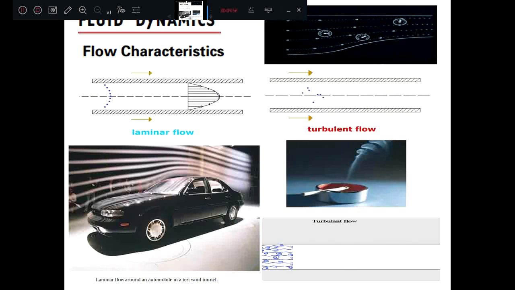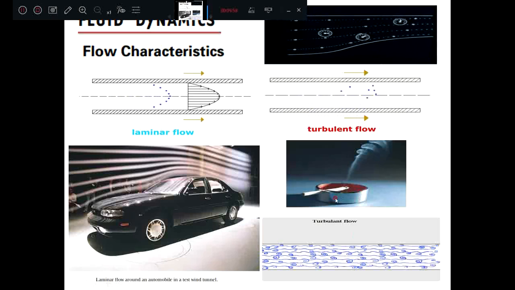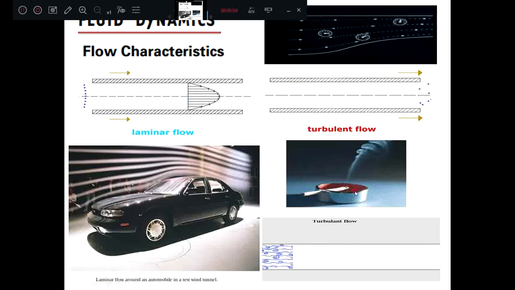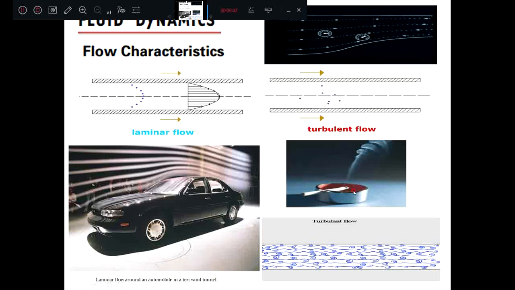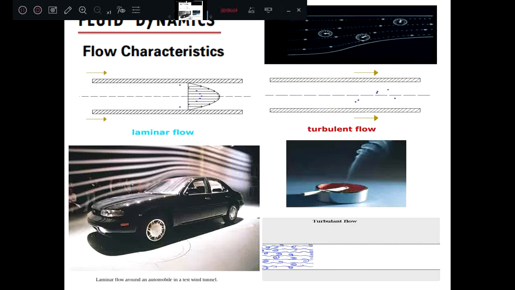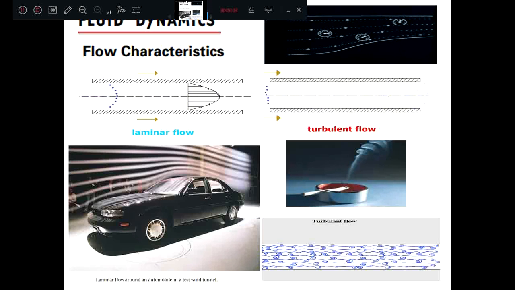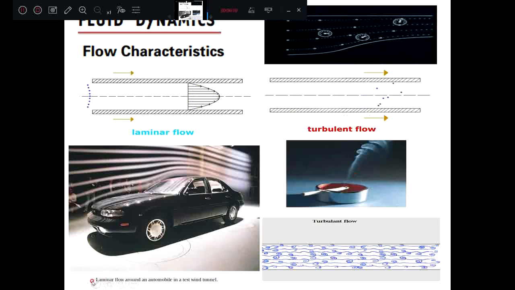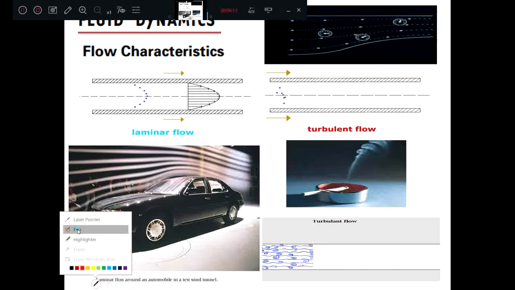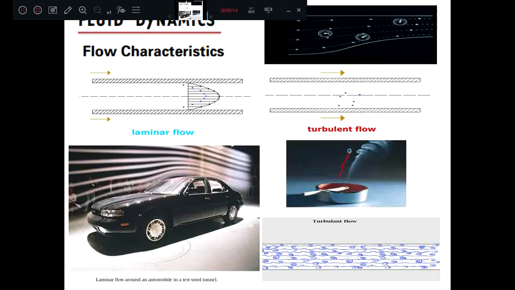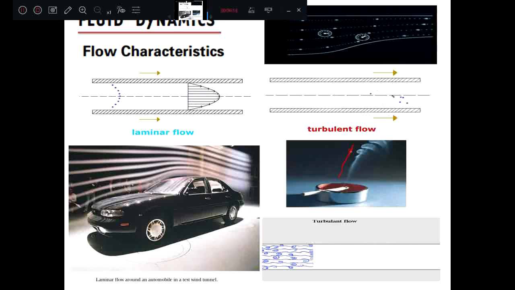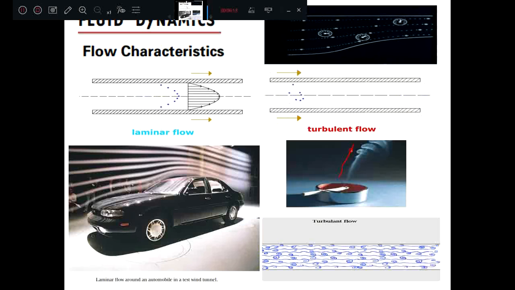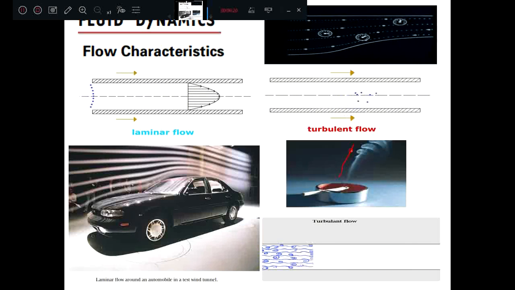Even hot gases from a cigarette, look at this picture, are made visible by smoke particles.